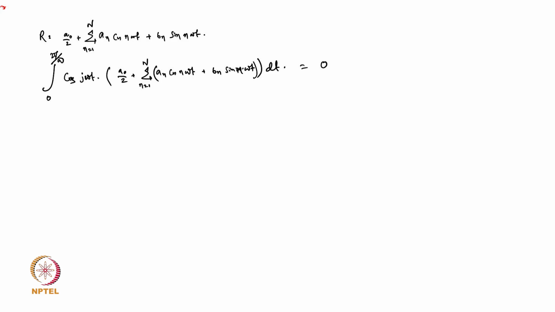That was what we did in the last class. Another equation is sin j omega t into the same thing, a0 by 2 plus the summation of an cos n omega t plus bn sin n omega t, dt, that is equal to 0, integrated from 0 to pi by omega.